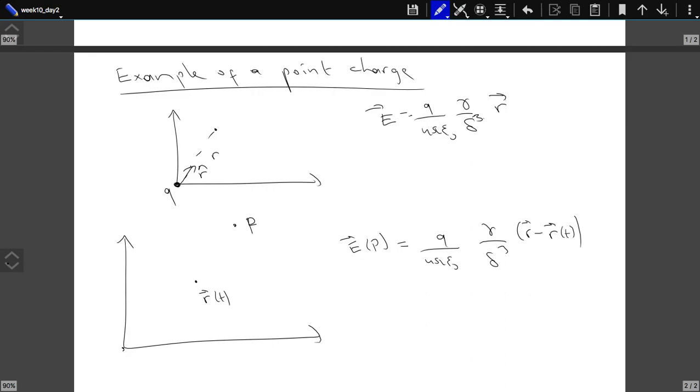I do the same thing over here. So that r vector I have to replace with the relative position vector of the observation point relative to my charge, which is the position vector minus the position vector of my charge. And hence delta should also be modified accordingly. But from this perspective, there is no ambiguity. Everything I'm measuring is in two different reference frames, but they agree on the time and on the length, since they are not moving relative to each other.